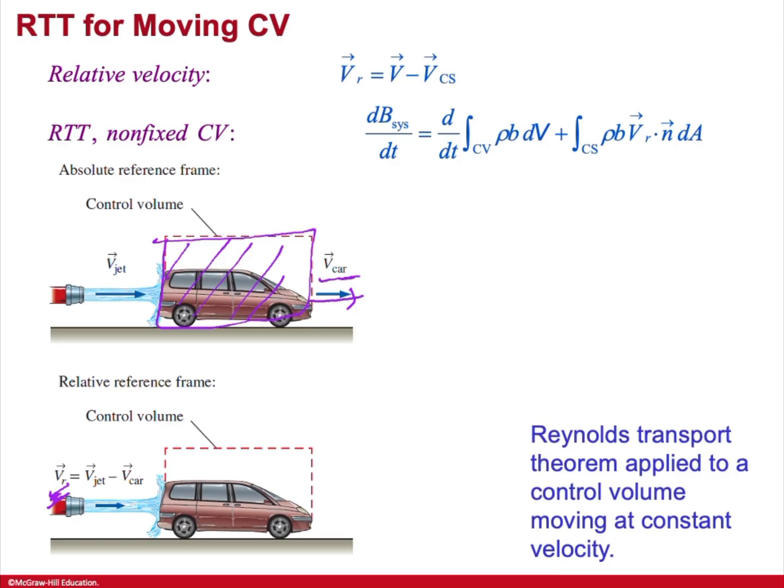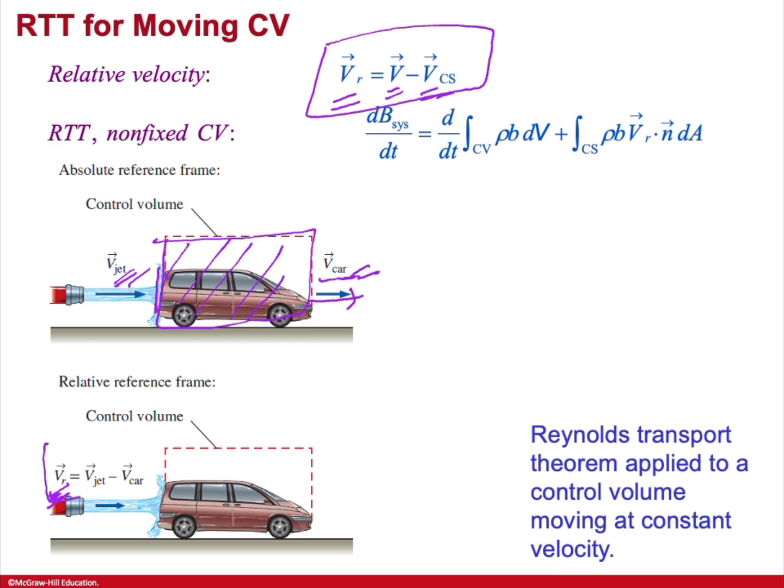So if you are talking about a control volume which is moving, when you're talking about mass or a certain property entering or leaving, you're talking with respect to relative velocity, not absolute velocity, right? So relative velocity is given by this expression V R. It is nothing but the fluid velocity at that point locally, that is V jet, minus the velocity of the control volume or control surface, which is V car, right?